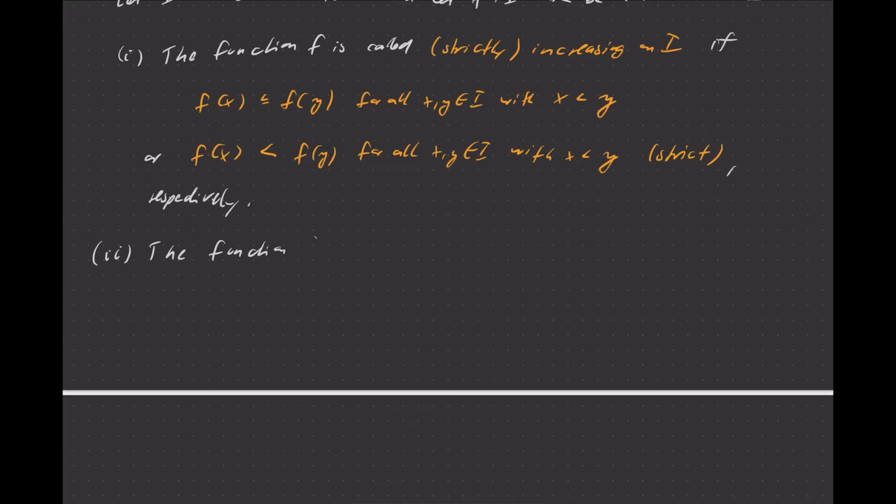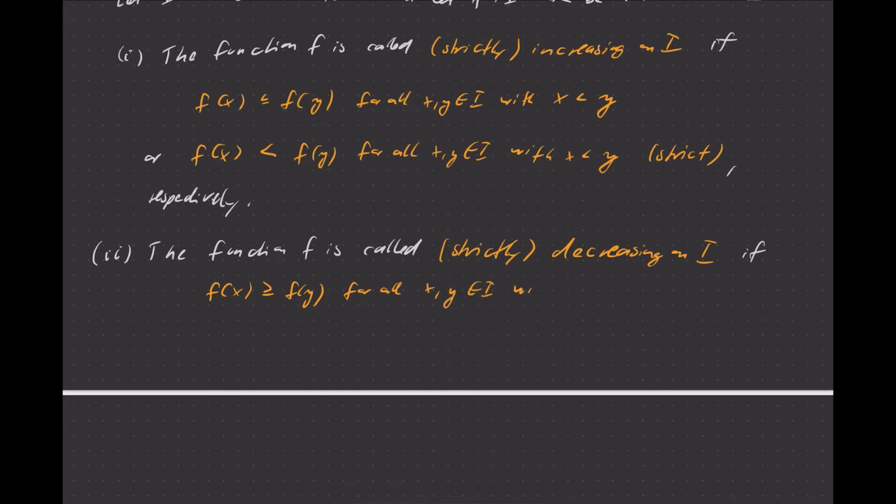That says the function f is called decreasing or strictly decreasing on I if, and once again, now we want f of x to be greater or equal to f of y, with the rest of the setting being the same. So for all x, y in I with x less than y.